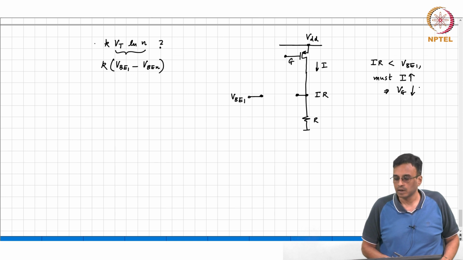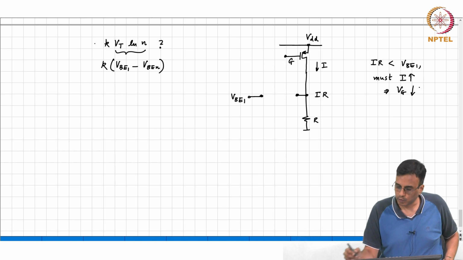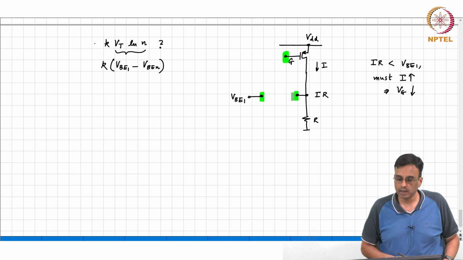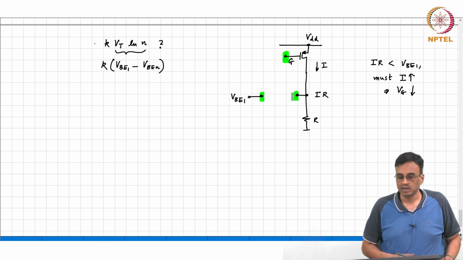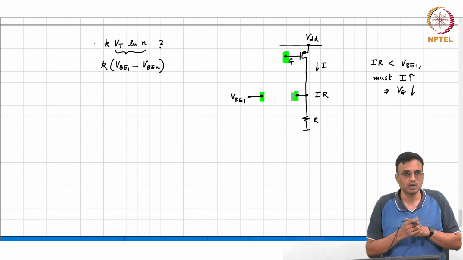Okay. All right. So this is a voltage controlled voltage source. VG is a voltage, must be controlled by the difference between these two, and what must be the gain of that voltage controlled voltage source?